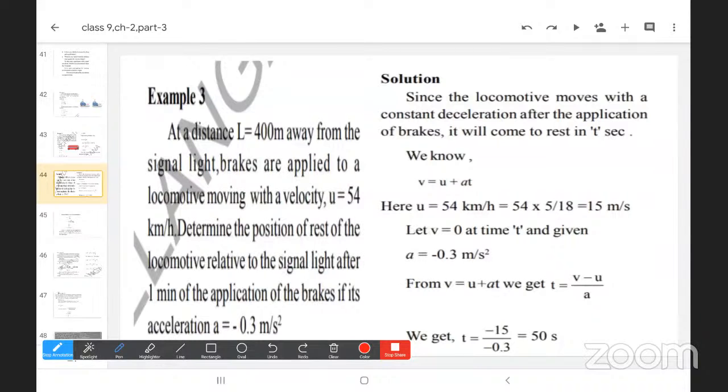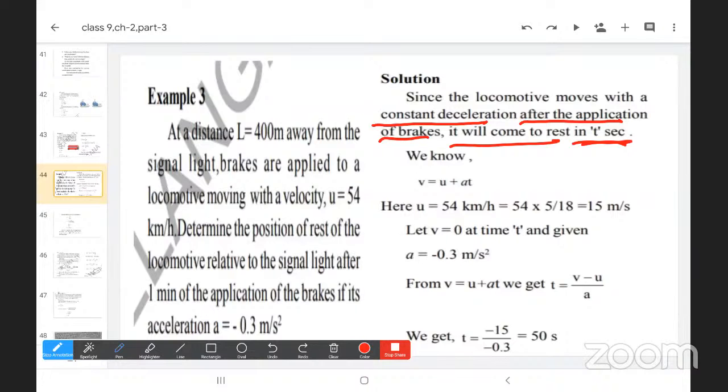So here the solution, look at the solution here. Since the locomotive moves with a constant deceleration, after the application of brakes, it will come to rest in t seconds. So the locomotive moves with a constant deceleration.